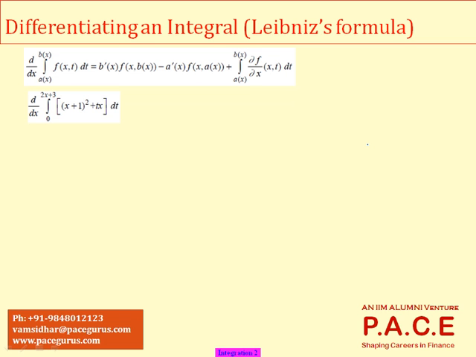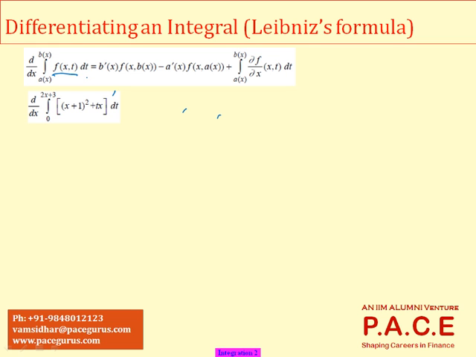If a derivative has to be taken on a definite integral, let's see here, f of x, t, which means there are two variables, x and t. So we are not talking about a one variable scenario here.